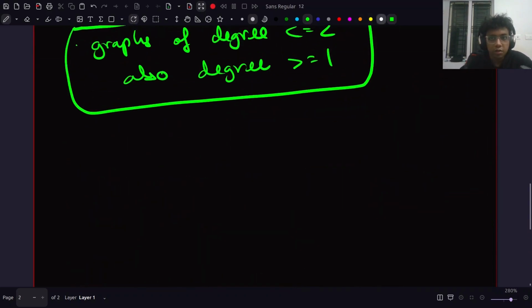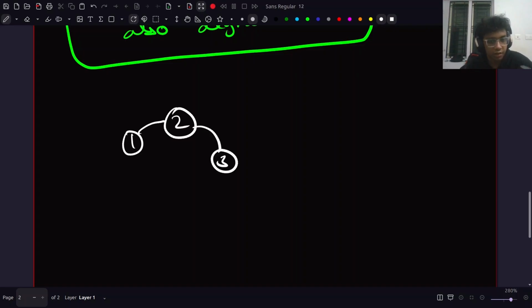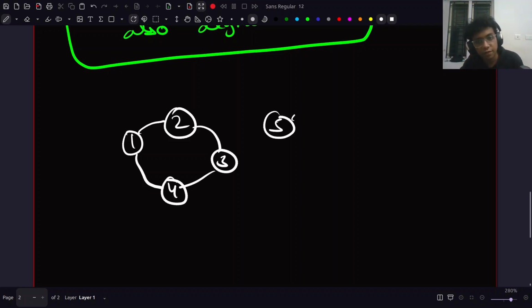All right, so now let us take a particular example. Let's say we have 8 people, and let's say 1 and 2 are connected, 2 and 3 are connected, 3 and 4 are connected, 4 and 1 are connected. Then let's say we have 5 connected to 6 like this.